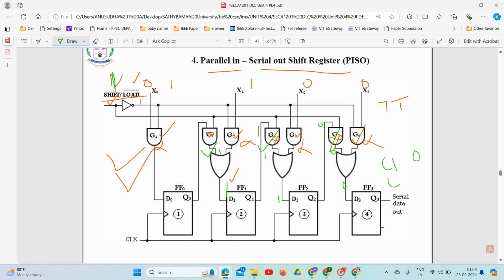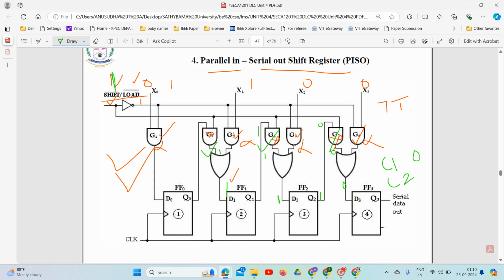For clock pulse 2, again it performs the shifting operation, right? So now here we are storing 1, 1, 0, 0, right? So now it performs the shifting operation. So 1, 1 means it stores the 1. Now the Q2 is 1, right? So the Q2 output is 0. It enters D3.